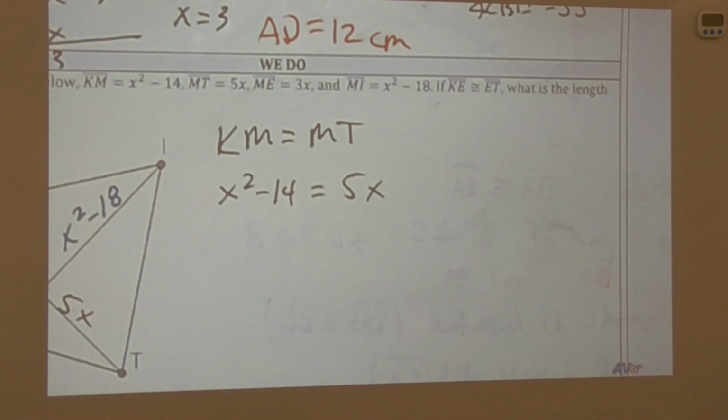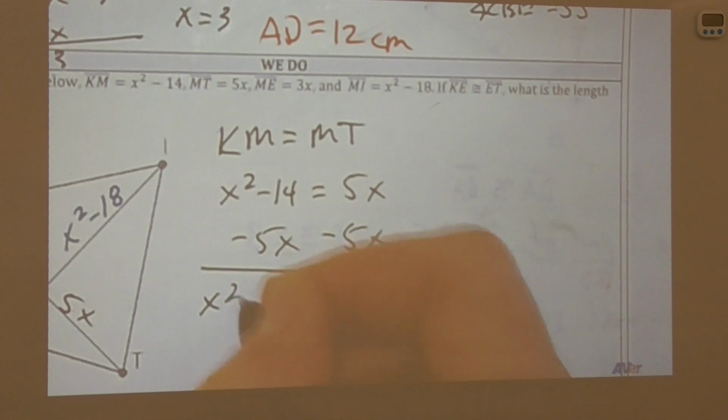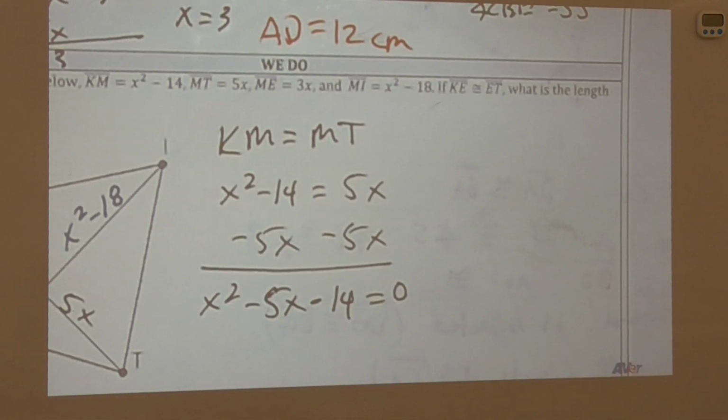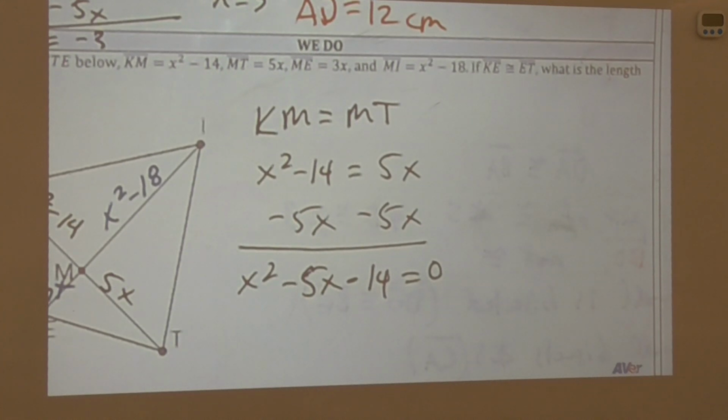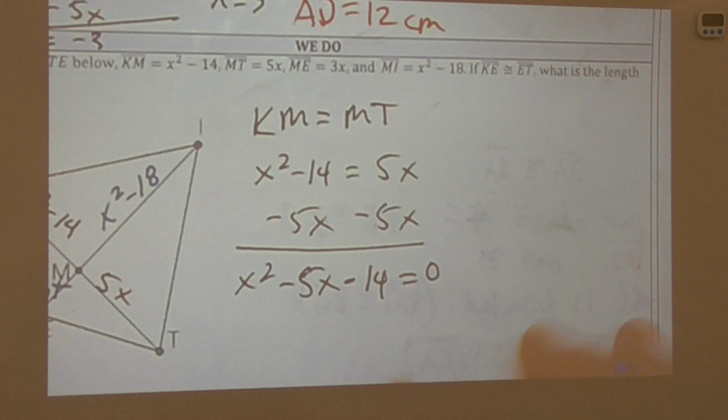This is quadratic, so we'll solve it by setting it equal to 0. We'll subtract 5x from both sides. X squared minus 5x minus 14 equals 0. So we're looking for factors of negative 14, 1 times negative 14, that add to equal negative 5. So those are negative 7 and positive 2.